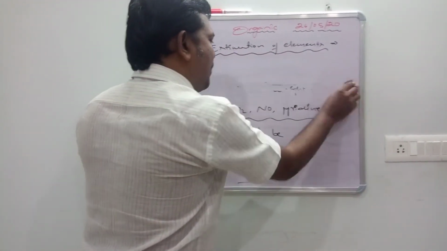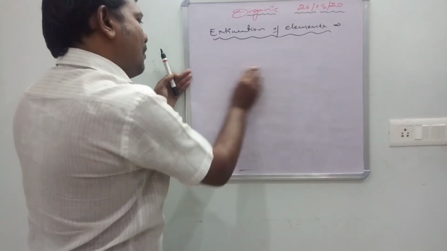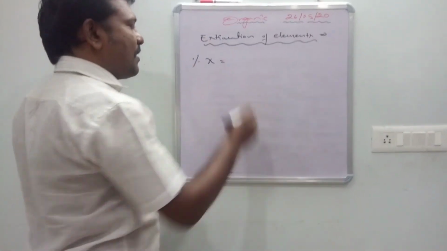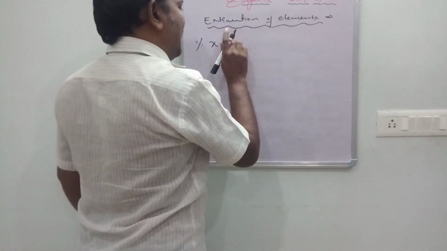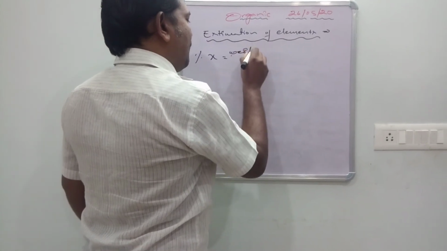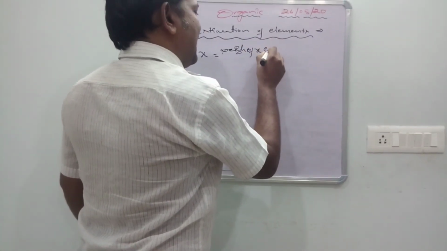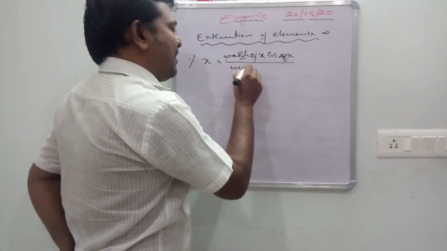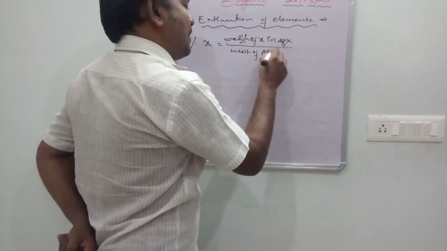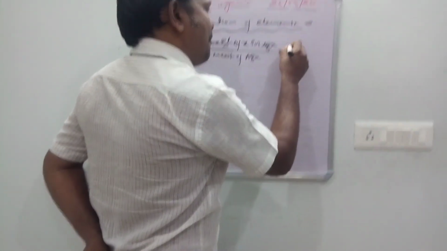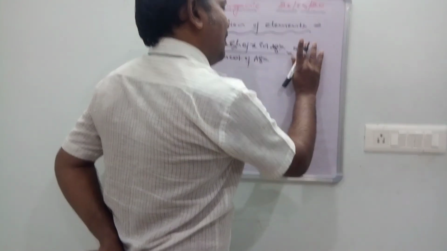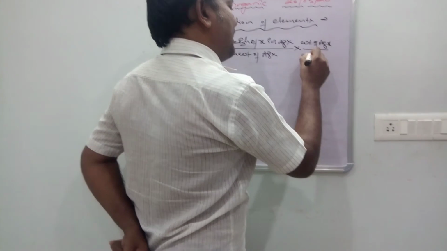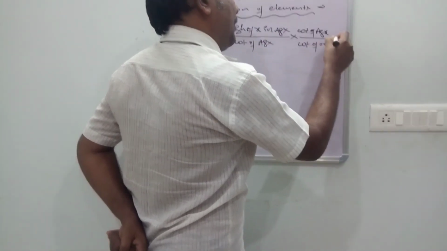And estimation of halogen: percentage of halogen is equal to weight of X in AgX by molecular weight of AgX into weight of AgX by weight of organic compound into 100, where X means halogen.